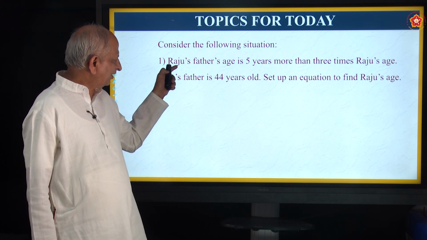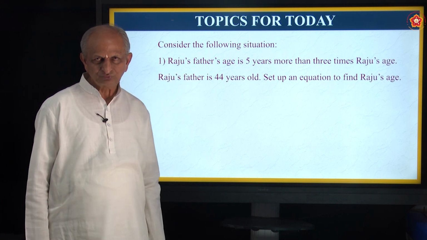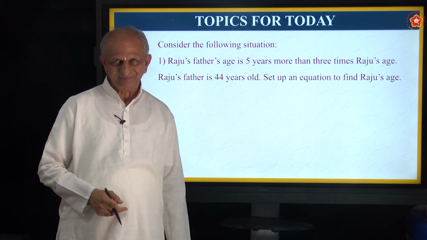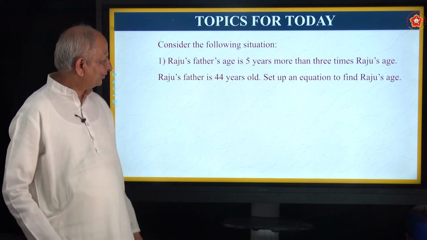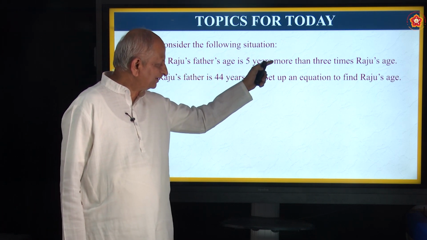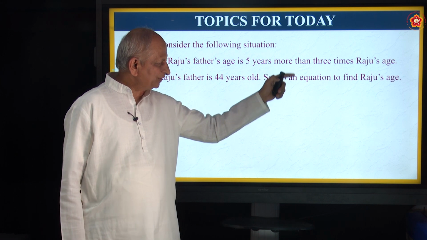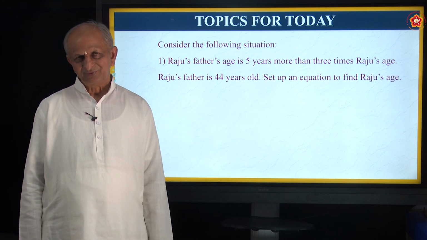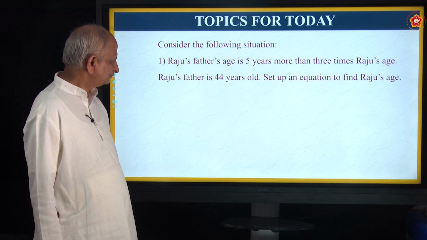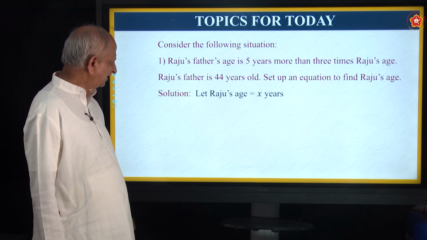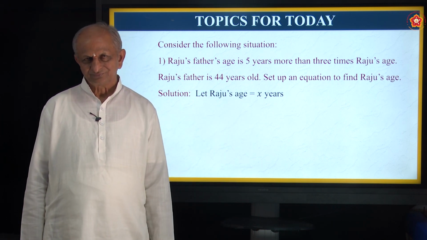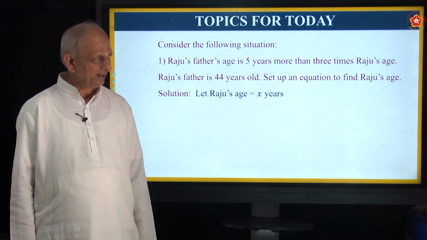So, there is one boy called Raju. As you know, some of you may be Raju also, is it not? So, here Raju's father's age is 5 years more than 3 times Raju's age. So, here Raju's age is not known. So, what you must do? Let us take Raju's age as x years. Okay, not known, it is a variable.